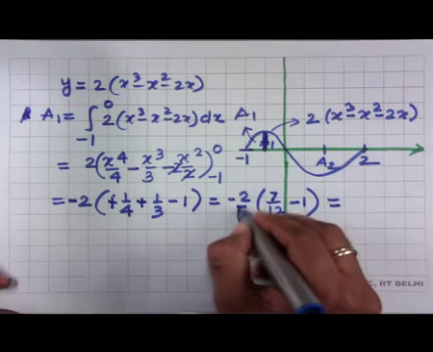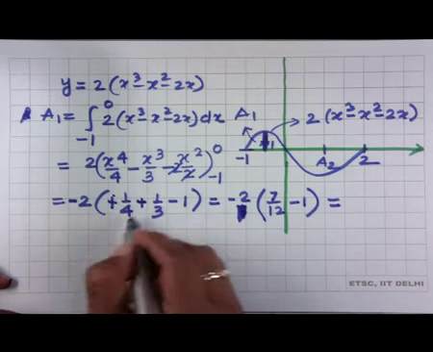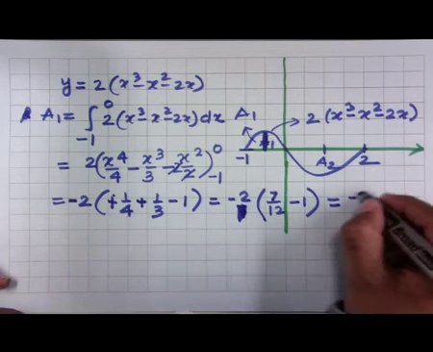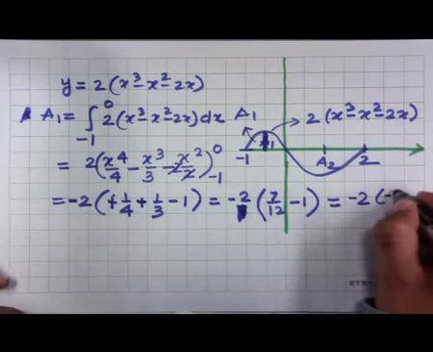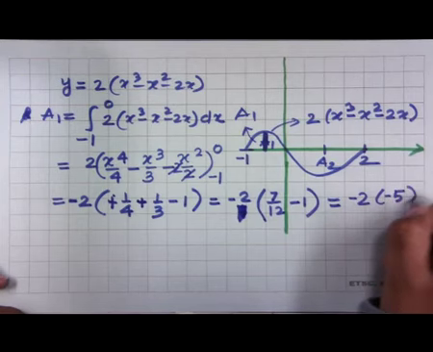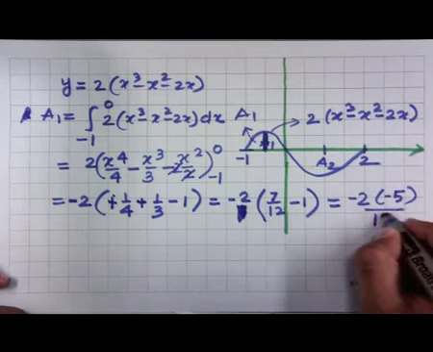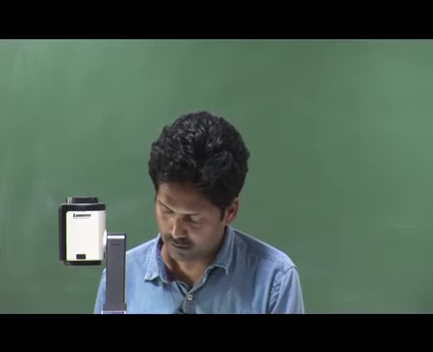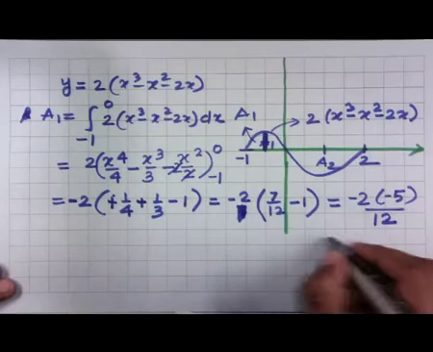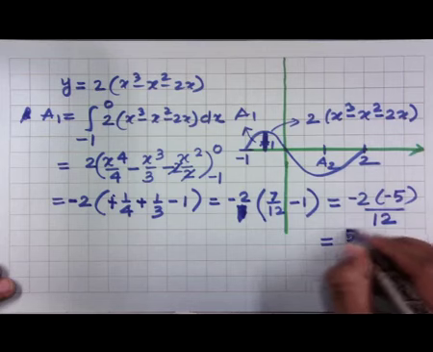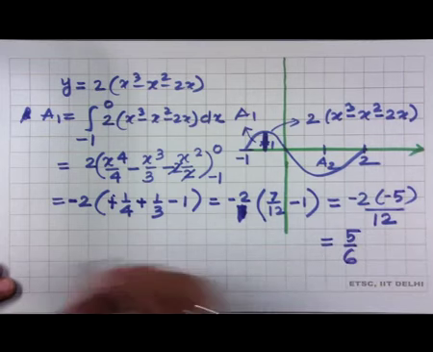Sorry, minus 2, 7 by 12 minus 1. So, we get minus 2 minus 5 by 12. Okay, fine. So, we get 5 by 6, this is correct.